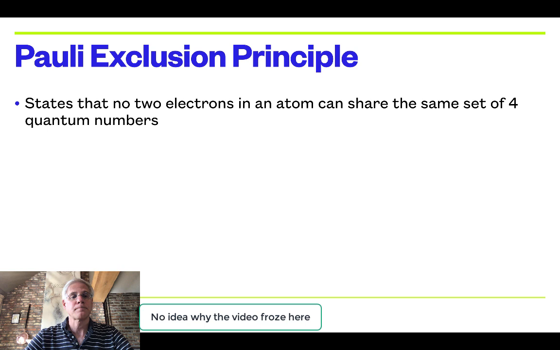So we have the Aufbau principle that indicates energy level. We're always going to fill in the lowest possible energy level. The Pauli exclusion principle is another principle that we have to follow when filling in electrons. And this says that no 2 electrons in an atom can share the same set of 4 quantum numbers. This is a little bit like saying that no house can have the exact same address. Okay, we have lots of different parts of addresses for our homes, and many homes share portions of an address, but they don't have the exact same address.